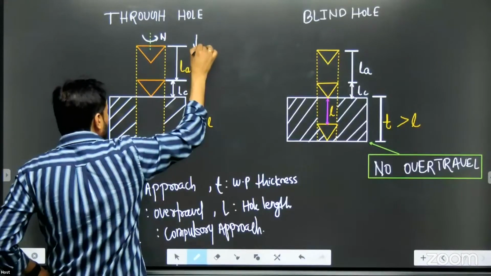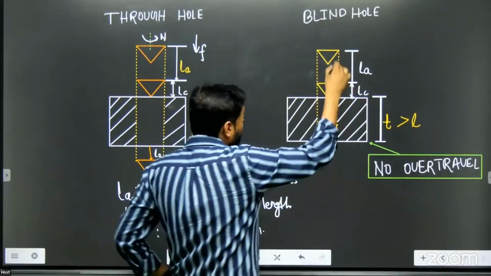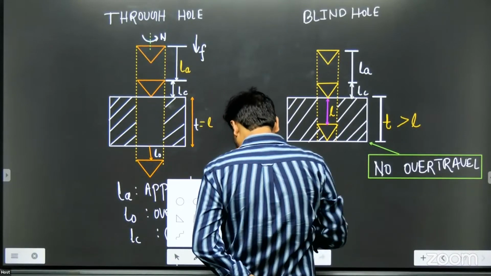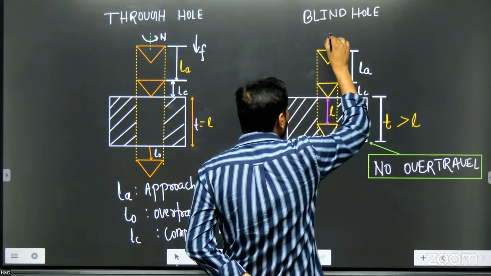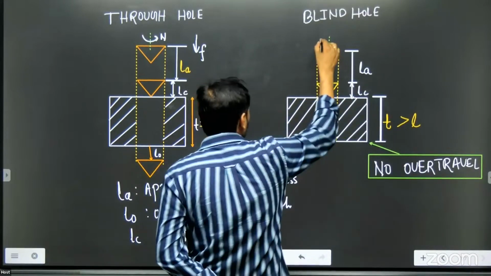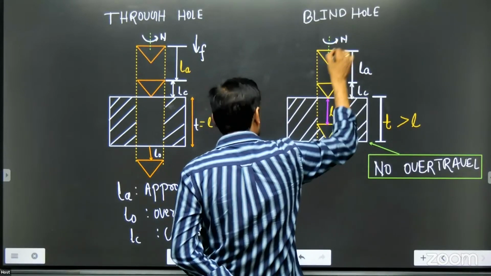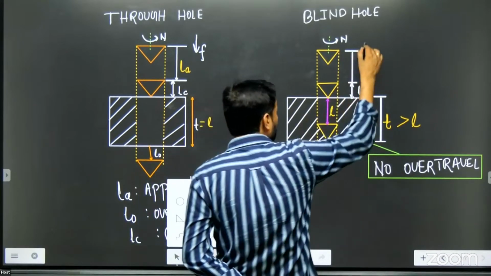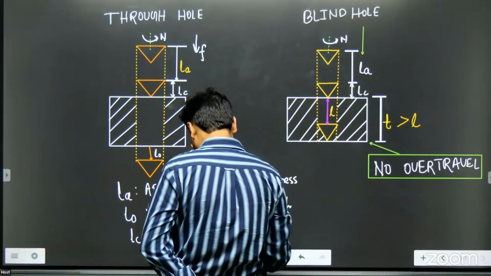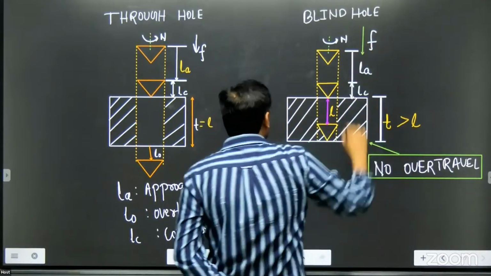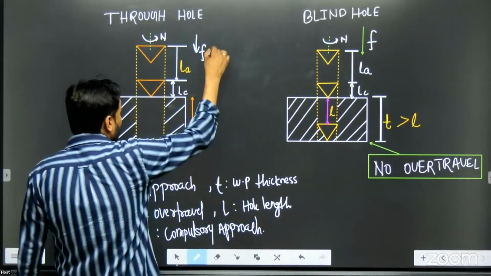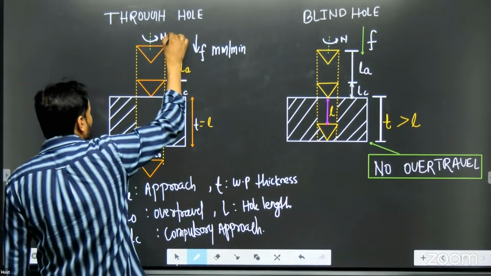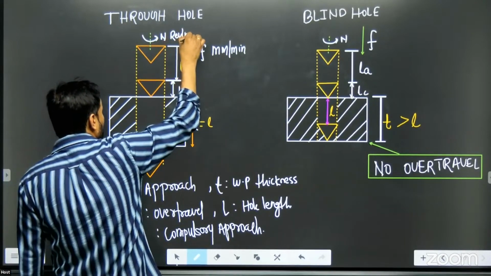And if it is being fed at speed feed F, it is being rotated, let us say, at n RPM, and being fed at this feed F. So my dear, feed has the unit millimeter per revolution, and n has the unit revolution per minute.